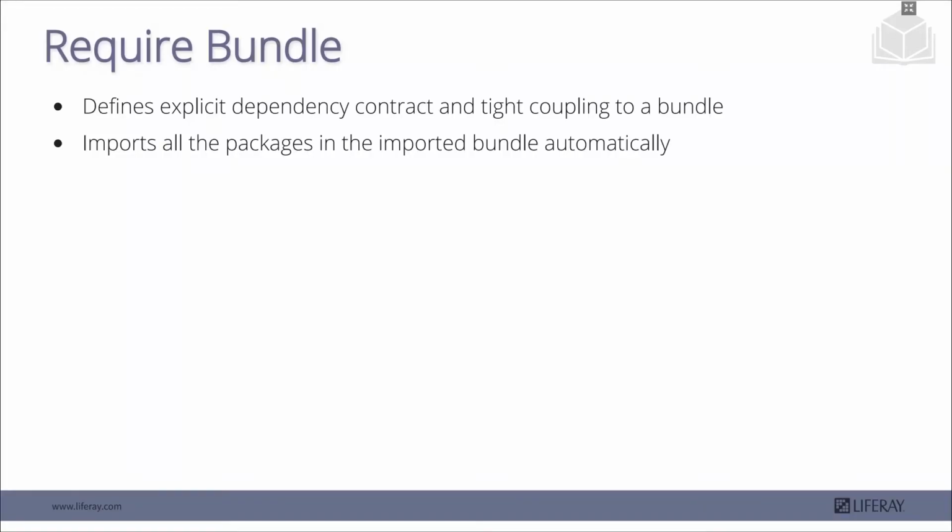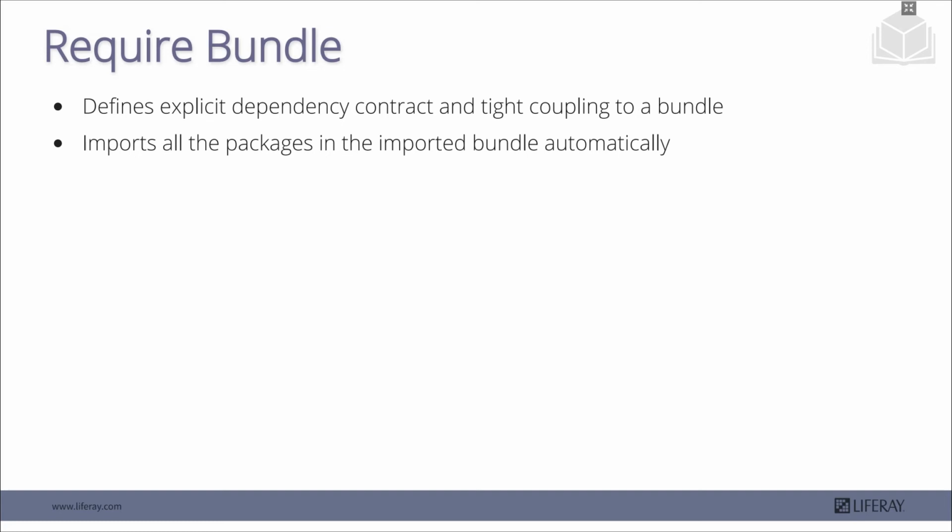So now that we have seen how providing and requiring capabilities happen, let's go ahead and move on to the third way in which we're able to share features amongst our different bundles. So the last one is require bundle. This one we mentioned last because what ends up happening is we create a very tightly coupled relationship between another bundle.